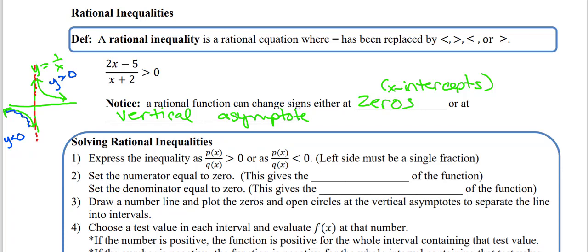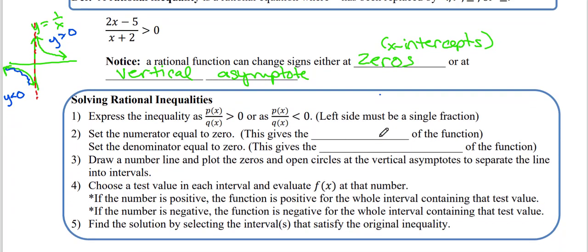There was no x-intercept there that we would find by solving to tell us that it could change, but it might change there, so we have to consider that. These steps are very, very similar to what we saw above, so I'm not going to work through them.